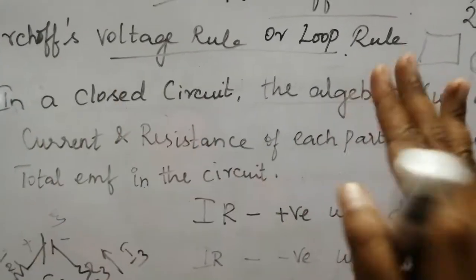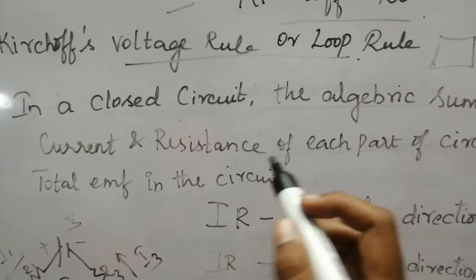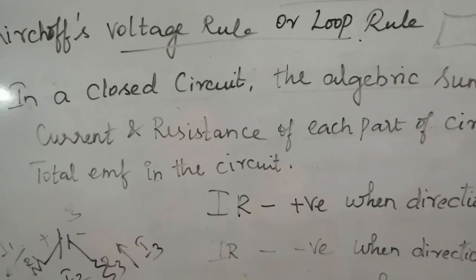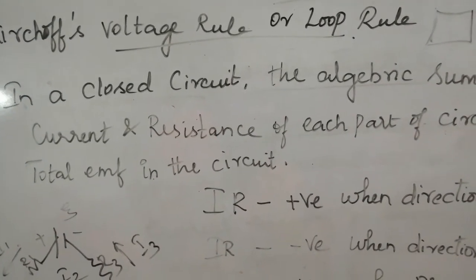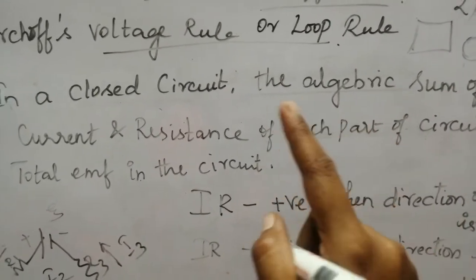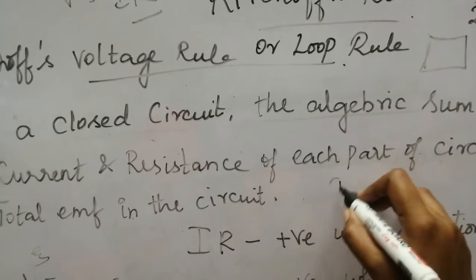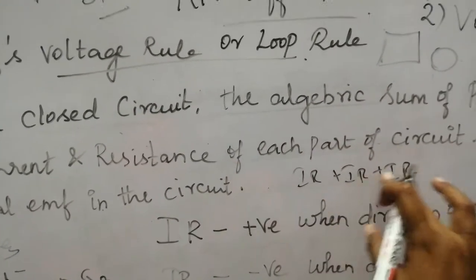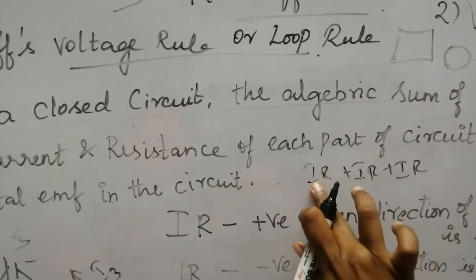This is the rule. Again, for the current rule, current entering the point is positive, leaving is negative. Similarly, you're going to write this as IR plus IR plus IR, which is called the algebraic sum of the product of current and resistor.